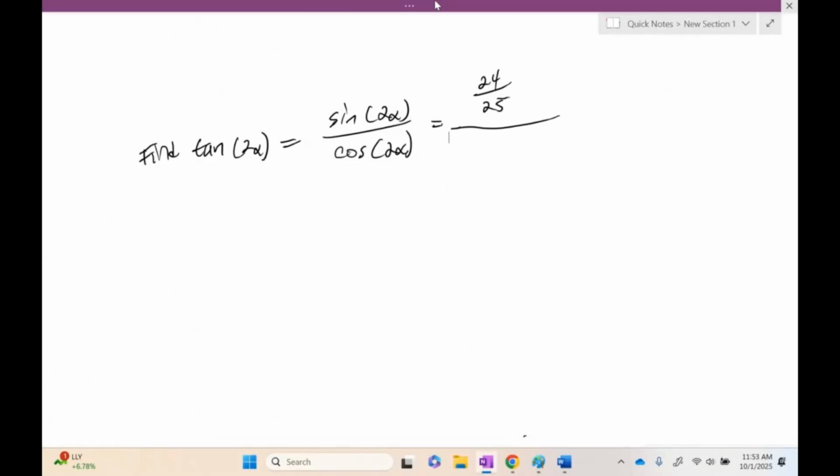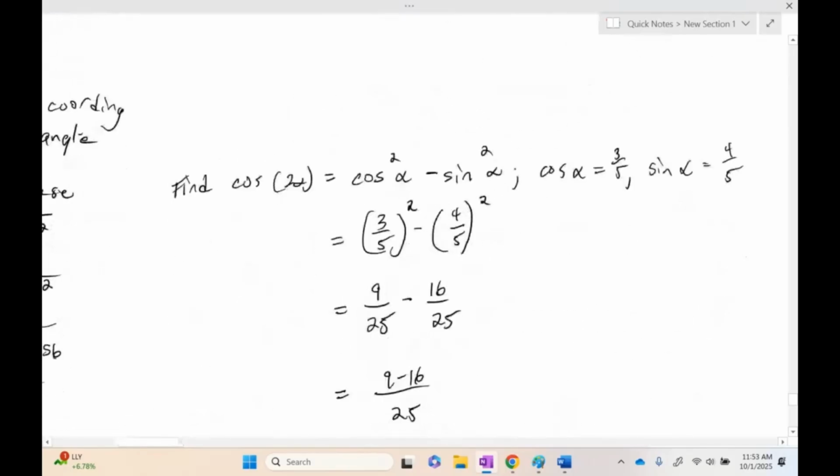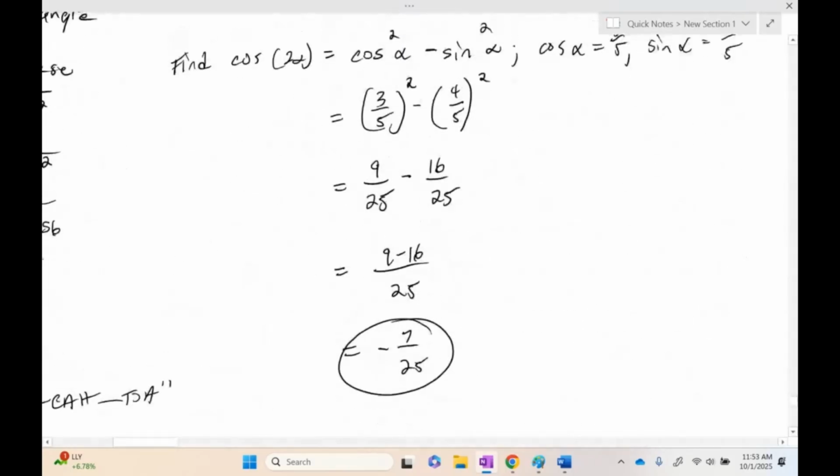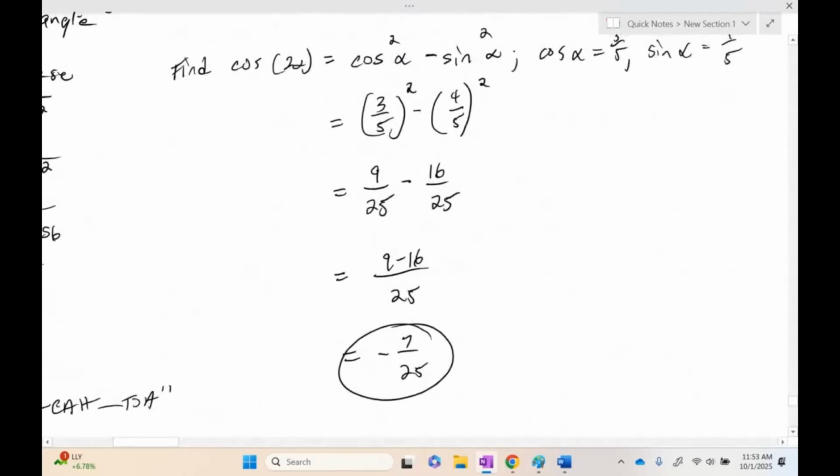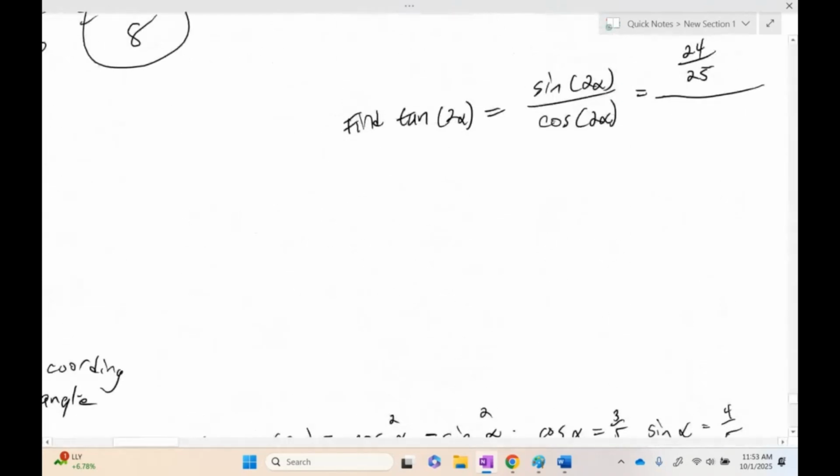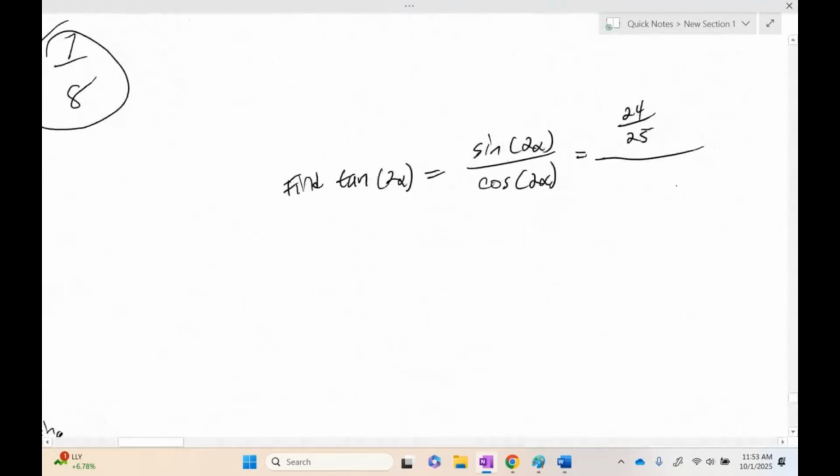We just found the double angle for the cosine of alpha was -7 over 25. So a positive divided by a negative gives us a negative.